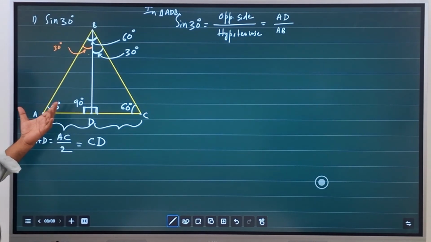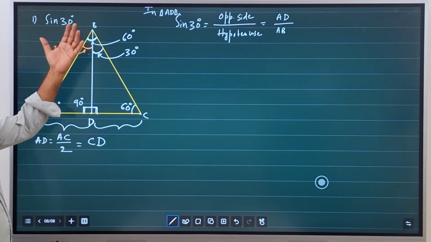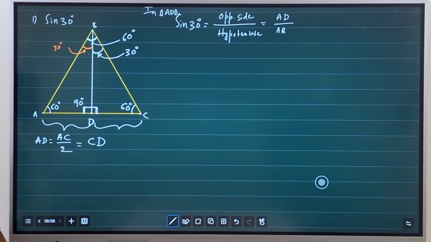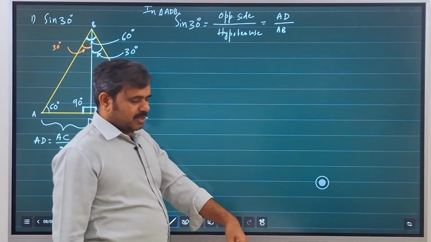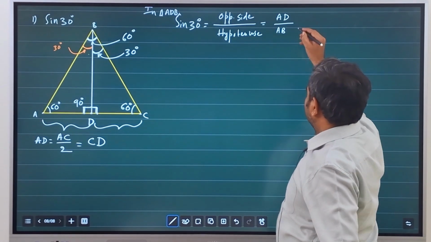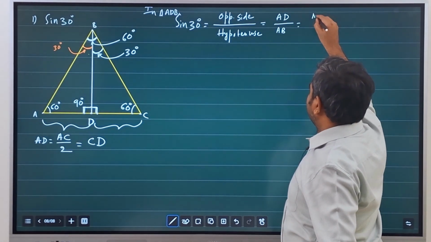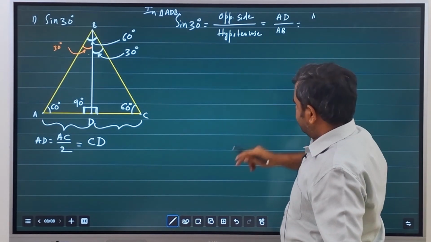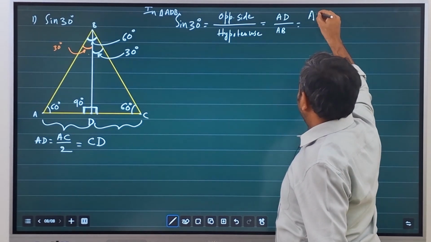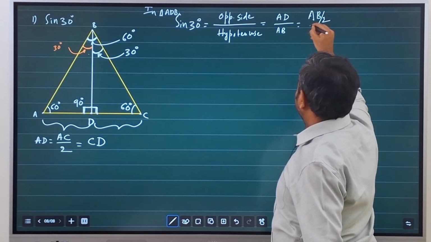So AD is half of the side of the equilateral triangle. AB is one side of the equilateral triangle, and AD is half of it. So AD is half of AB.